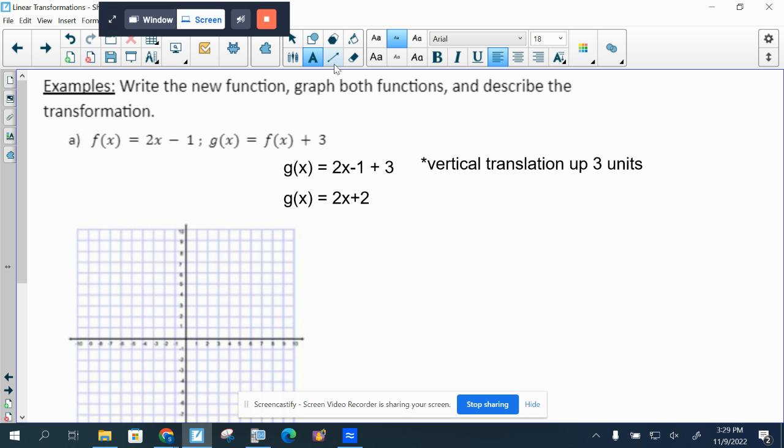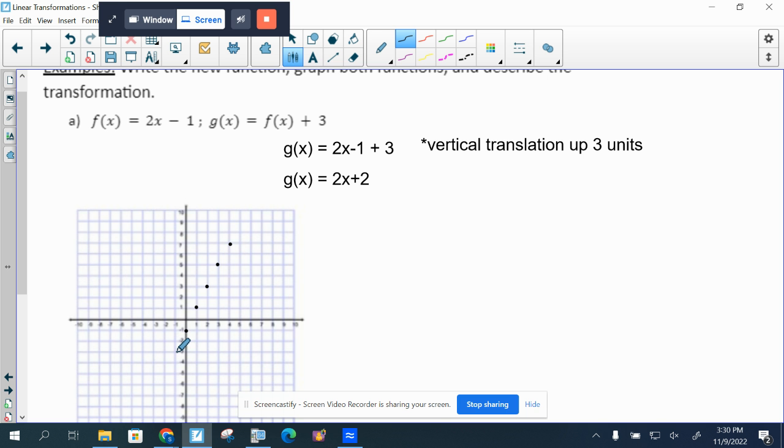And we can graph it. So this is 2x minus 1. So that's down here, and it goes up 2 over 1, up 2 over 1. This goes down 2, left 1, down 2, left 1, down 2, left 1.